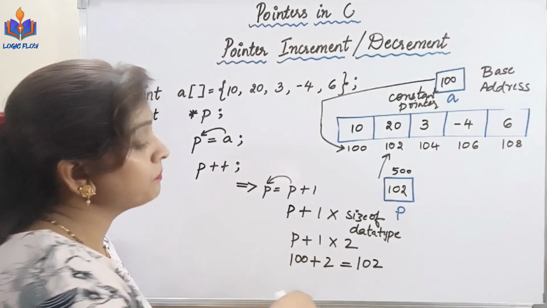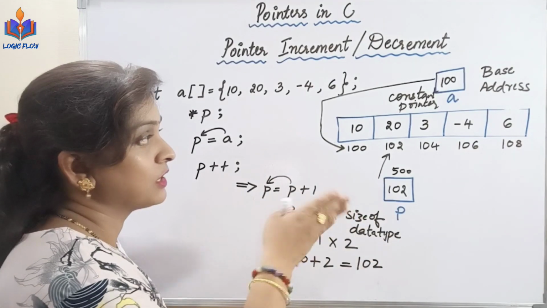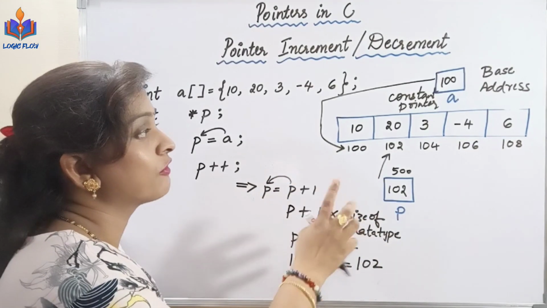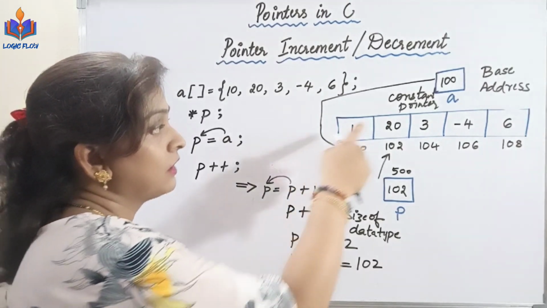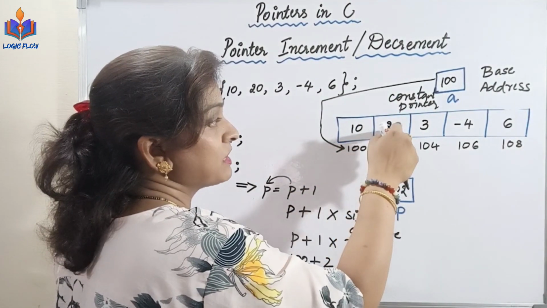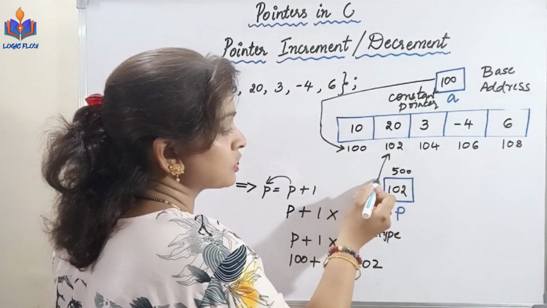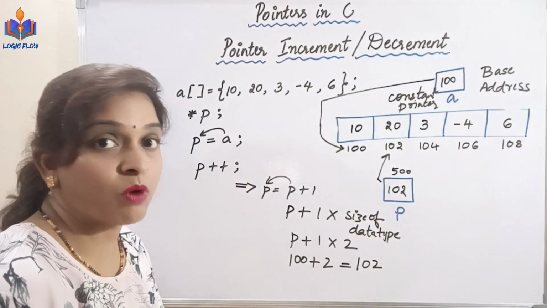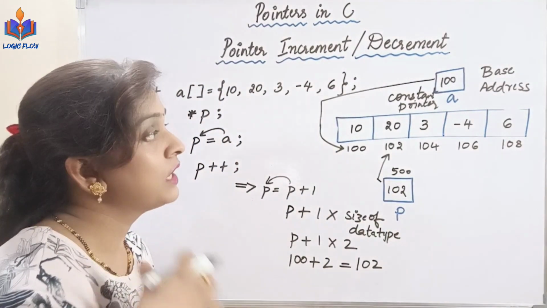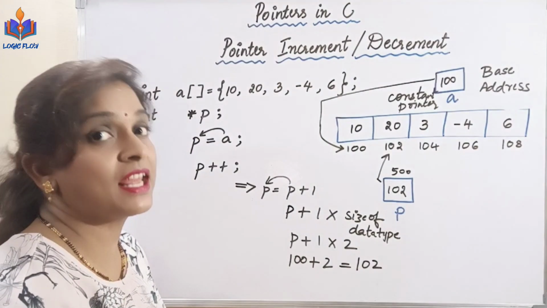So now I am just moving forward. Plus means I am moving forward by one element. From this one element, the element is 20 and the location is 102. So now P is advanced. The pointer is advanced to the next position or next location.